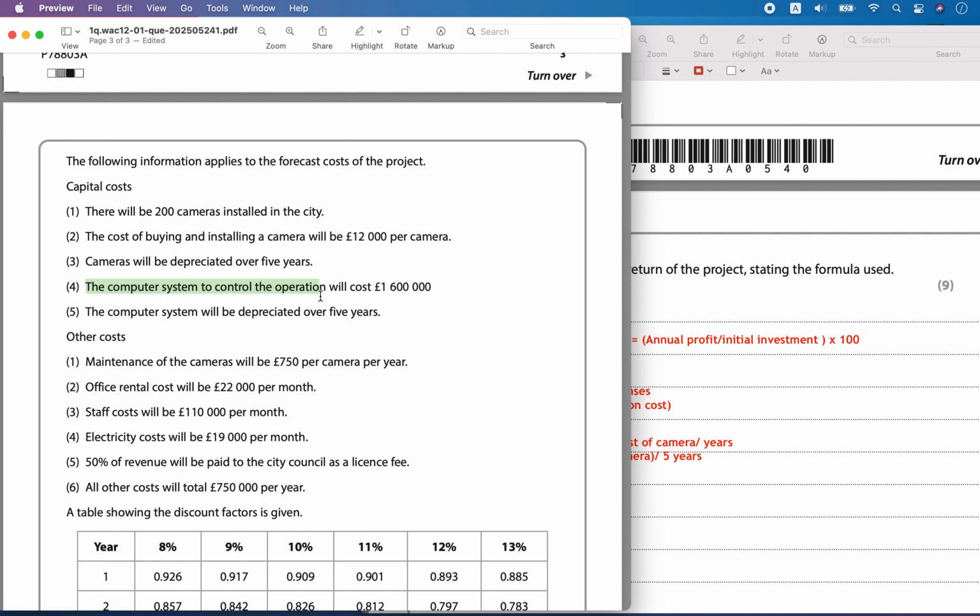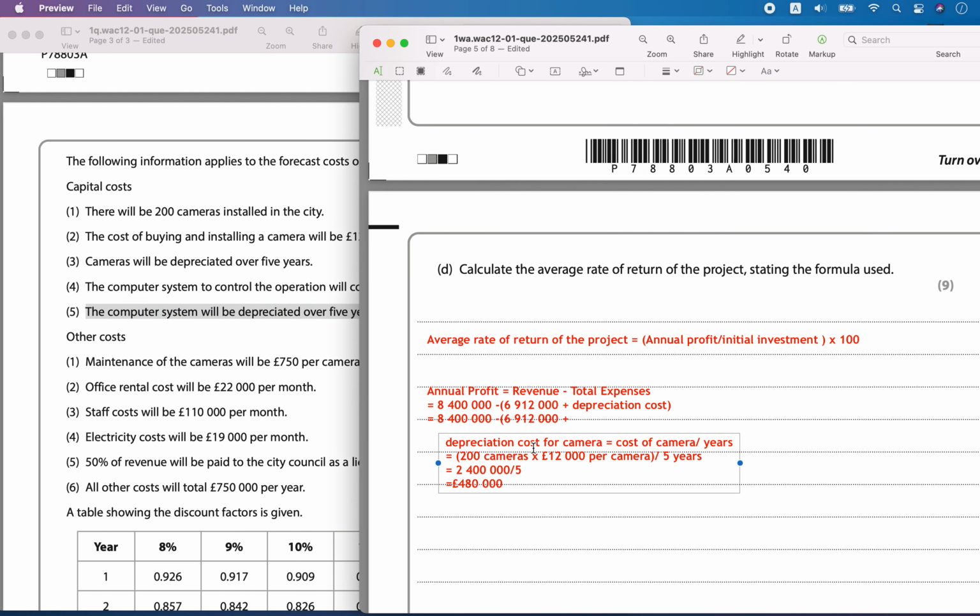But there is one more piece of equipment, a computer system used to control the operation, which will cost 1,600,000, that is 1.6 million. The computer system will also be depreciated over 5 years. So let's calculate the depreciation cost for the computer system.